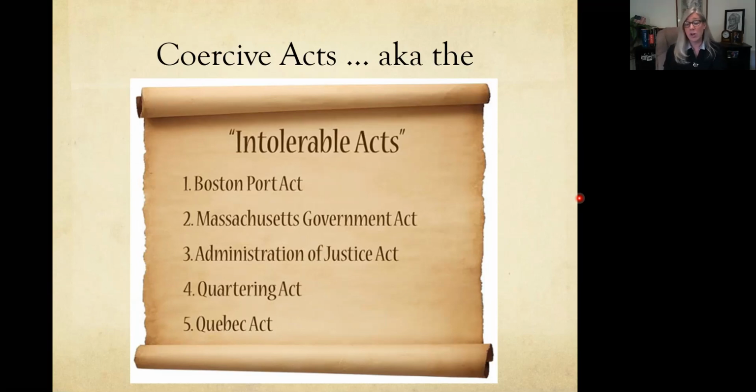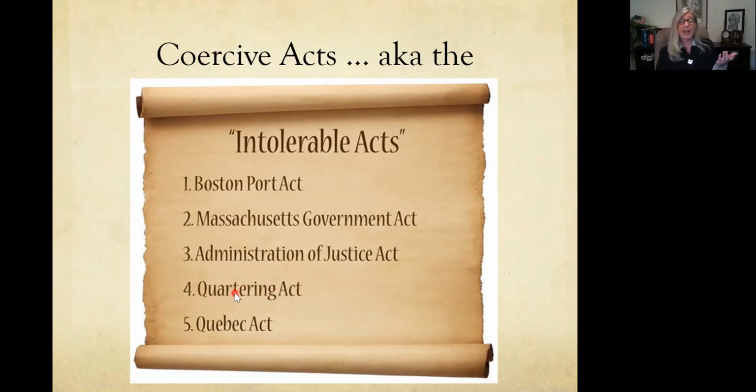The Administration of Justice Act: instead of people accused of crimes who may be tax collectors or government officials being tried in a Massachusetts court, they will be tried in a British court. So again, you're taking power, local power, away from the colony. The Quartering Act, they're going to ramp up the numbers of soldiers who come into Boston.